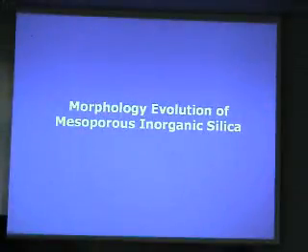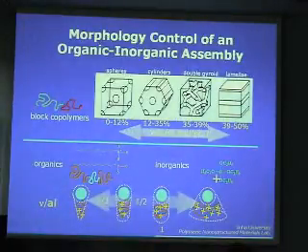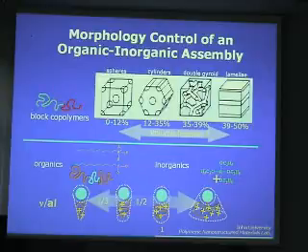So the second part is the morphology evolution of the nanoporous inorganic silica in the processing method. First of all, I would like to remind you of the classical morphological spectrum of block copolymers.